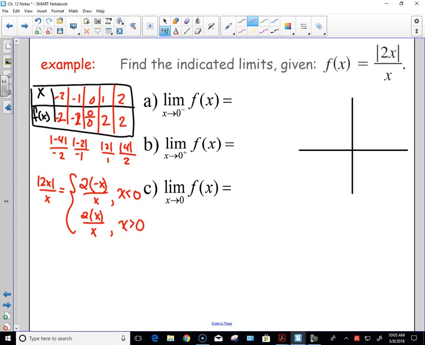And if you notice, what happens if I have x over x? Isn't that just going to be 2? What happens if I have negative x over x? Isn't that going to be -2? So my function is always going to equal -2 for any negative x being plugged in, and always going to equal positive 2 for any positive value of x being plugged in.